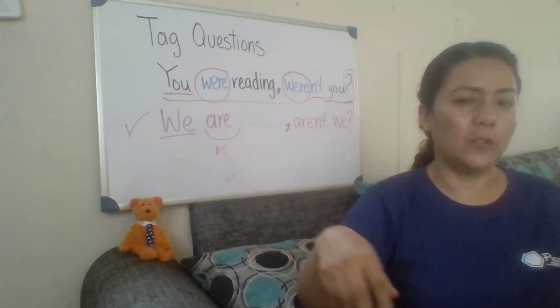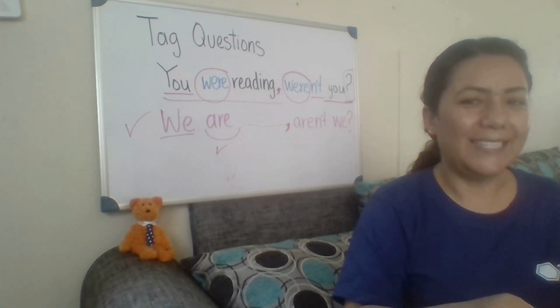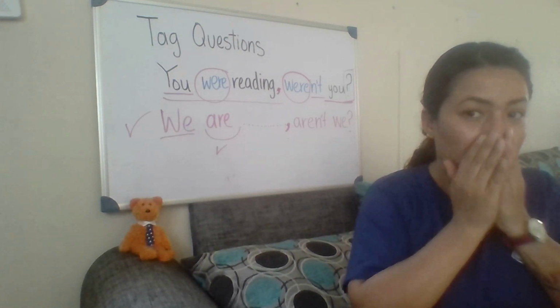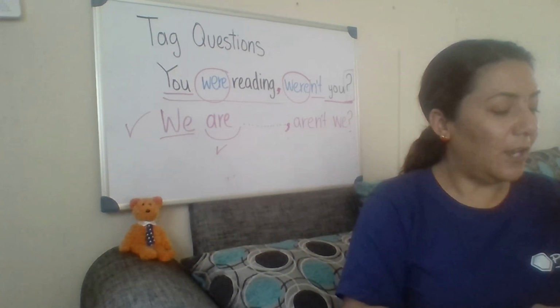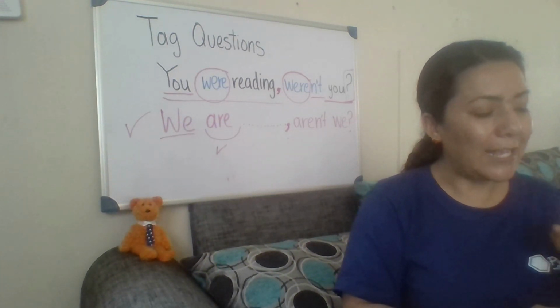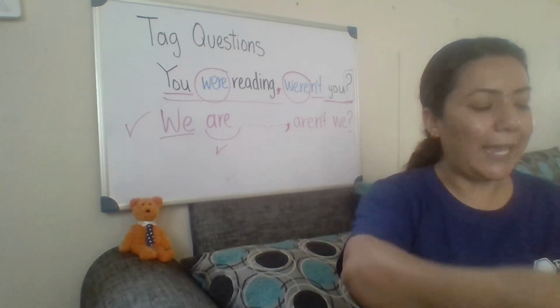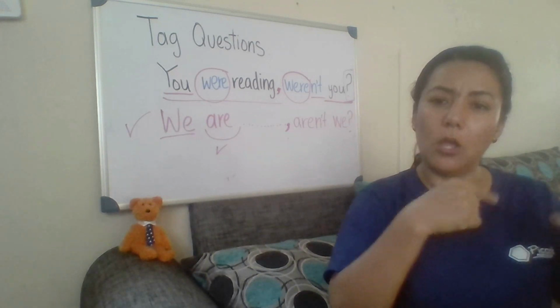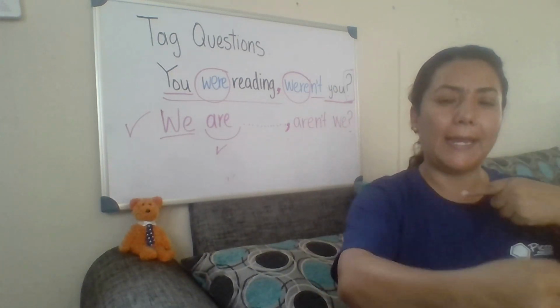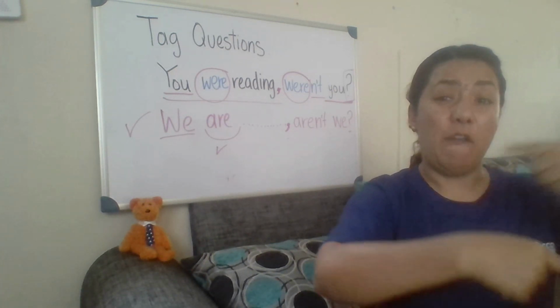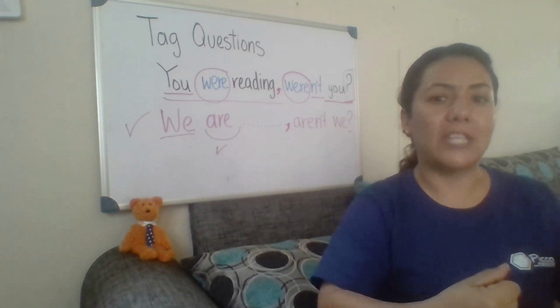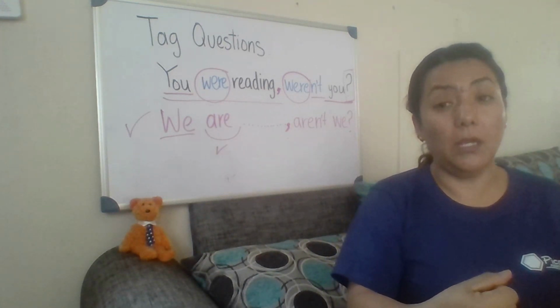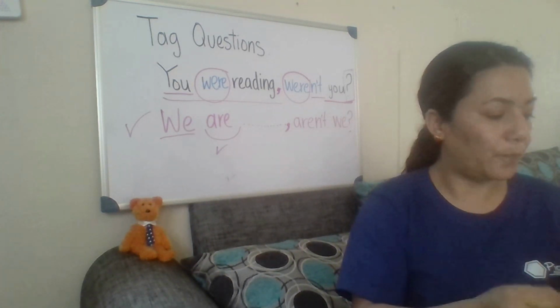So you're going to use something in past. Number 2. Our new classroom will be located. Is that present? Is it past? Will be located. That's future. So your tag question has to be in future.